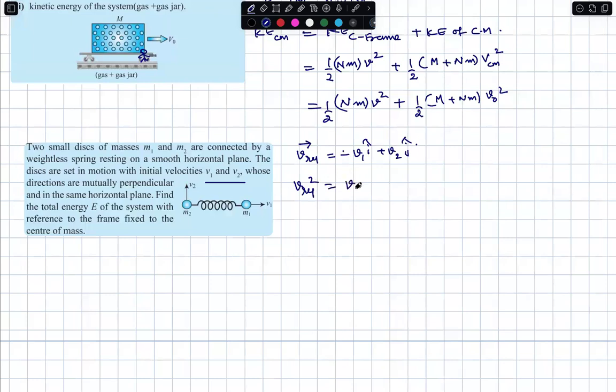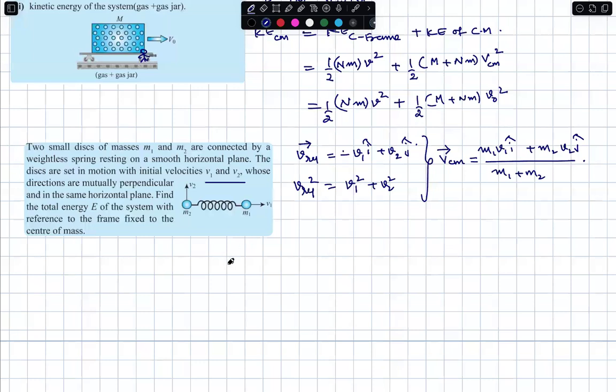It is simply V1 square plus V2 square. By the way, what is the velocity of center of mass? M1 V1 i cap plus M2 V2 j cap divided by M1 plus M2. That is the velocity of center of mass. Okay, keep this with you.